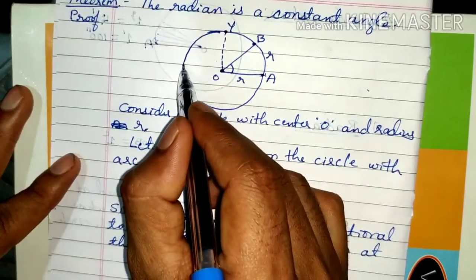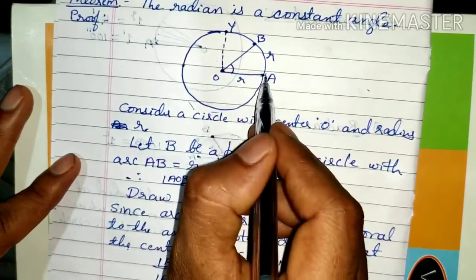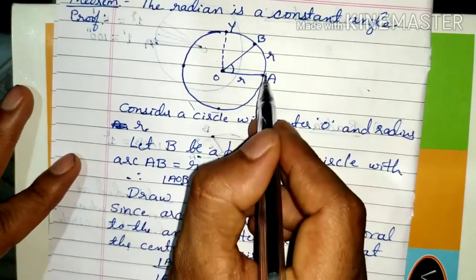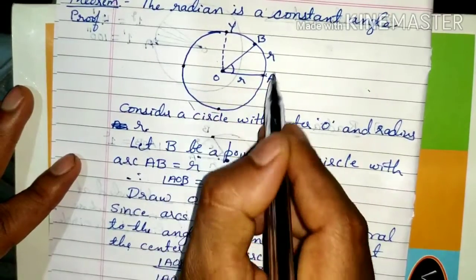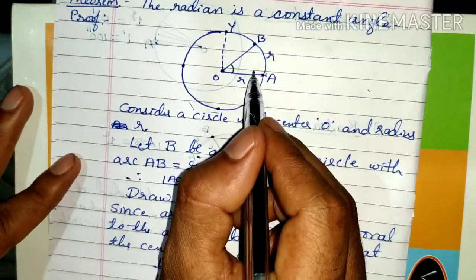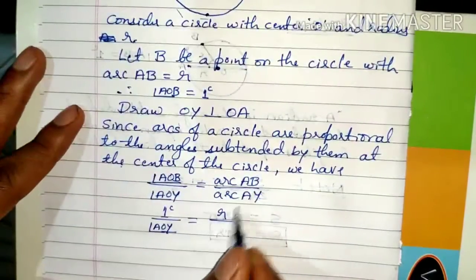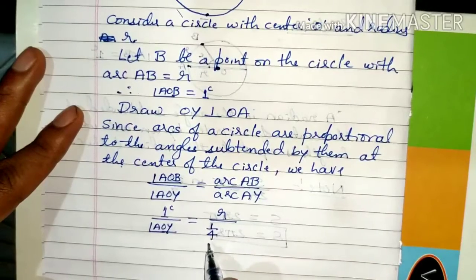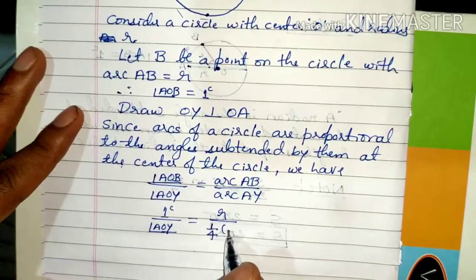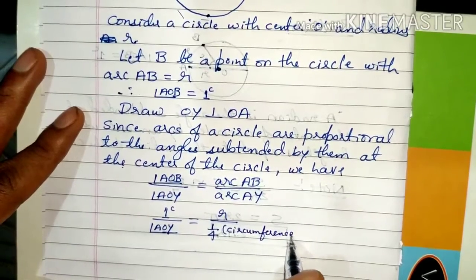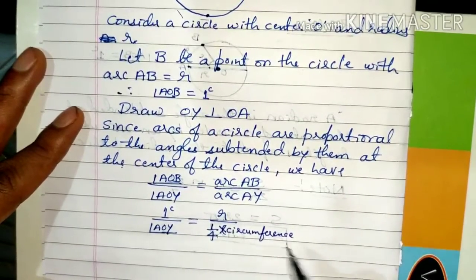From Y to here there will be the same measurement, and from here to here one more same measurement, and from here to here. So the complete circumference is divided into 4 parts, and AY is 1 of them. Therefore AY is nothing but 1/4 into the circumference.